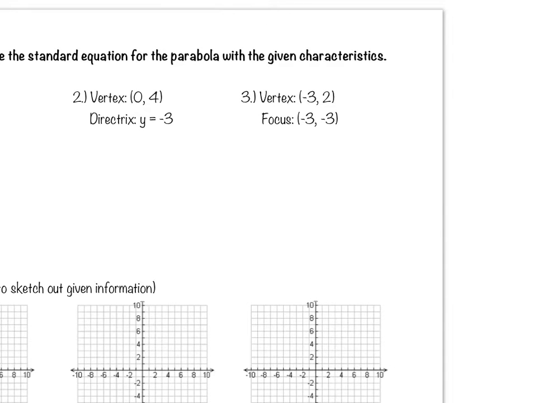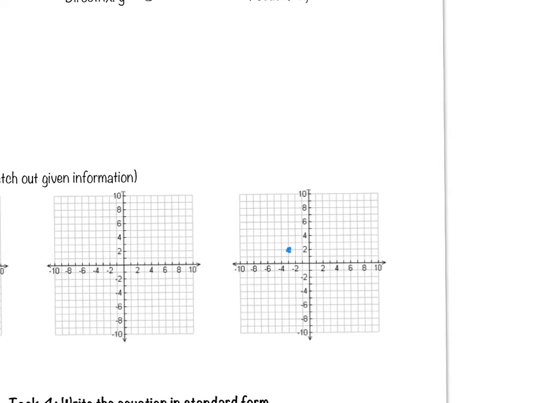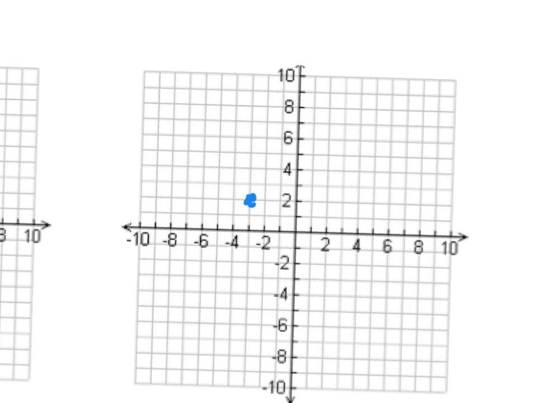So if I plot them on a graph, the vertex is -3, 2. So I go to -3 and 2 and put a point there. And the focus is at -3, 3. So that places my vertex here and my focus here.